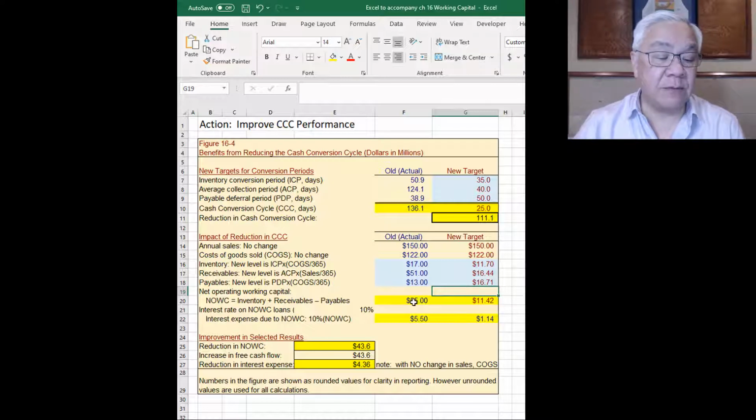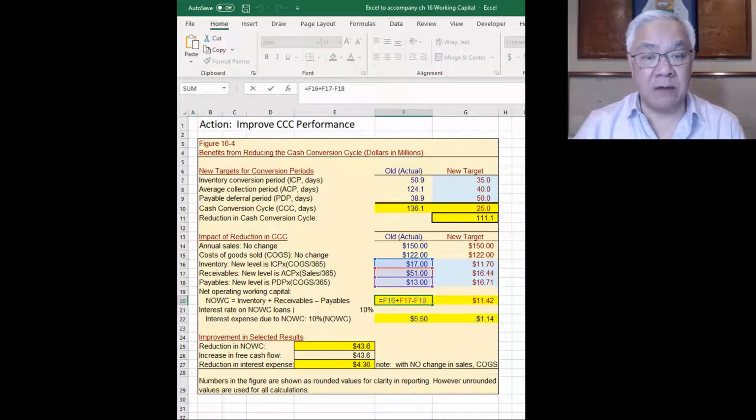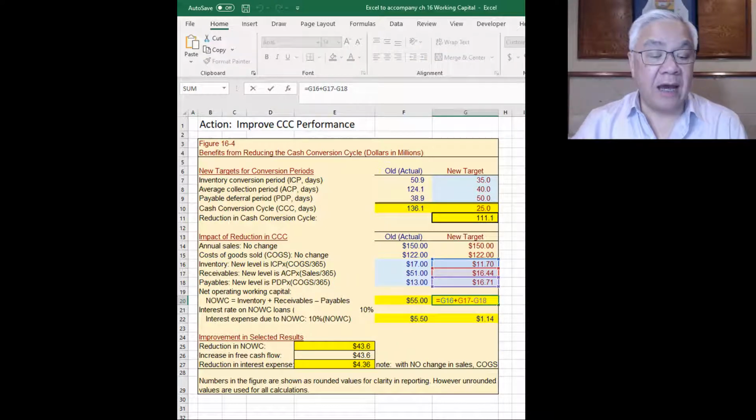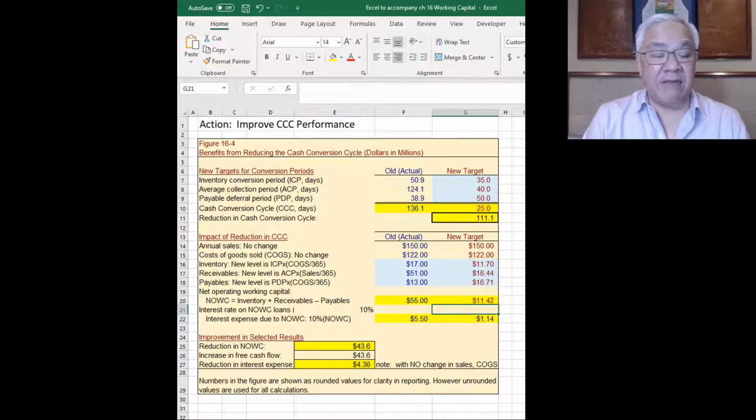In the first case, we were at 55, which is the receivables and the inventory minus the payables. And in the case of the new target, we have the revised targets of 17, 16, and 16. So the net result is 11.42 in net operating working capital. That's an improvement of approximately $44 million.